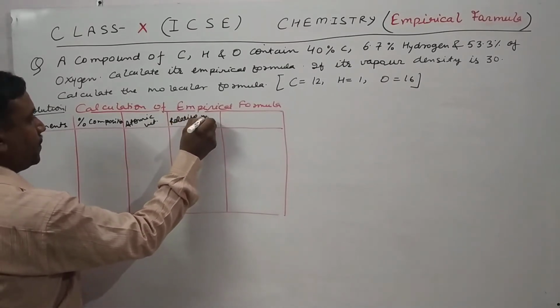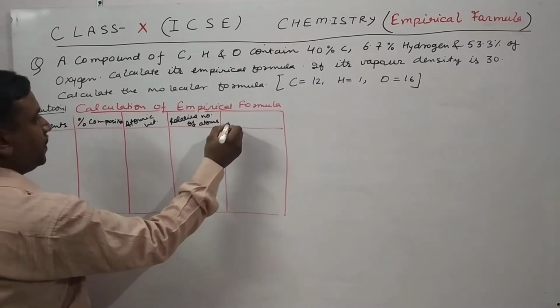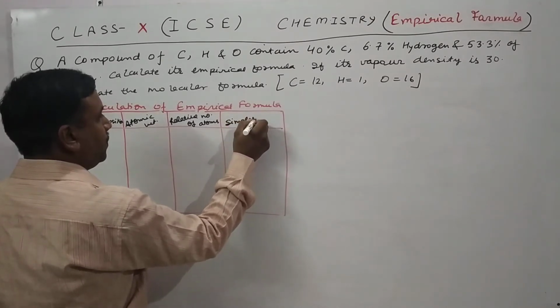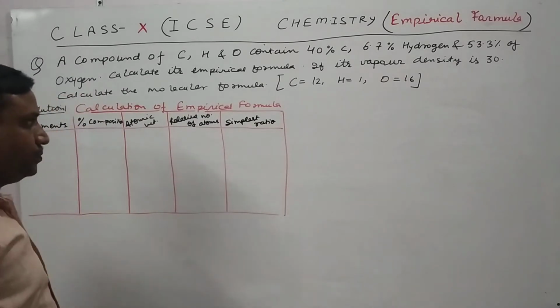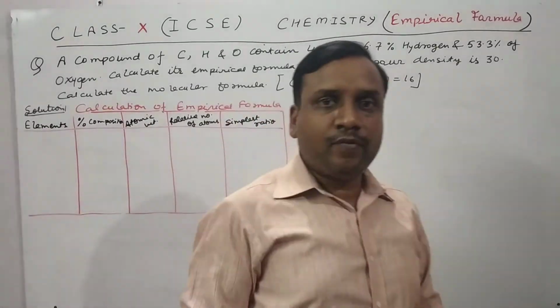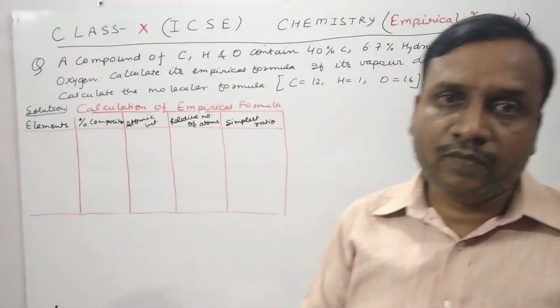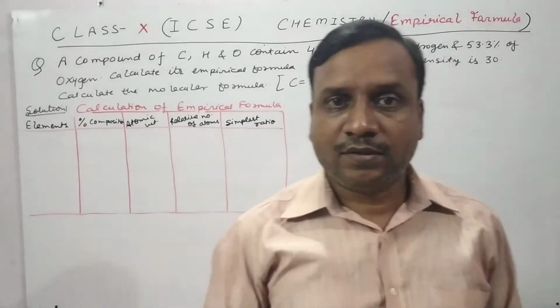Relative number of atoms, and finally simplest ratio. If you have any problem in reading this, then you can pause the video or slow down the video and judge my voice.